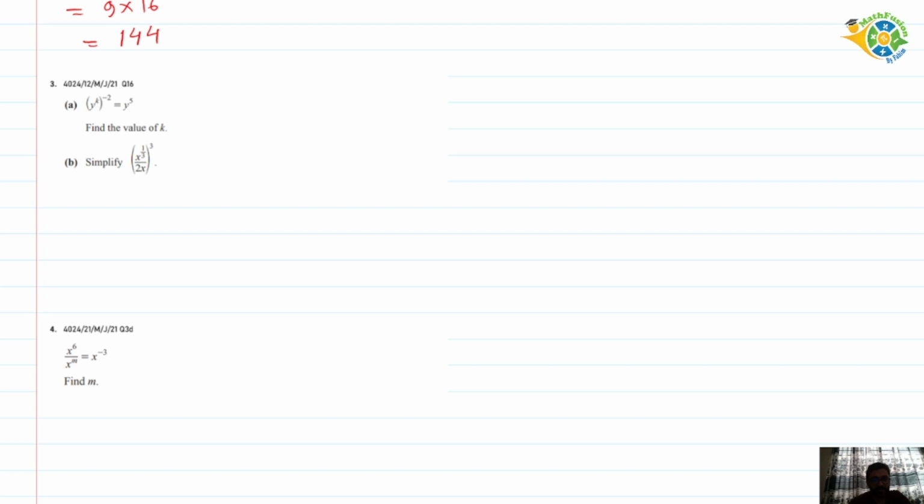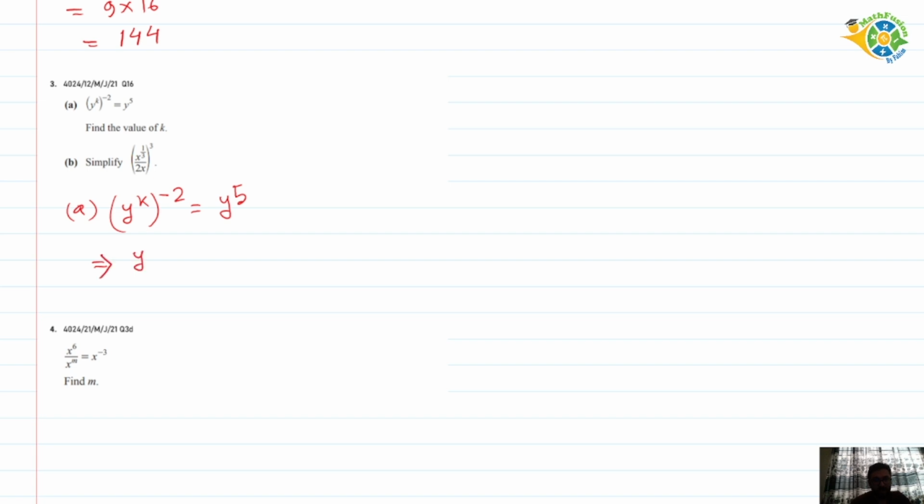So moving to the next question. The next question tells us to find the value of k from this expression. y to the power k, whole power minus 2, equals y to the power 5. So the power of a power will be multiplied.